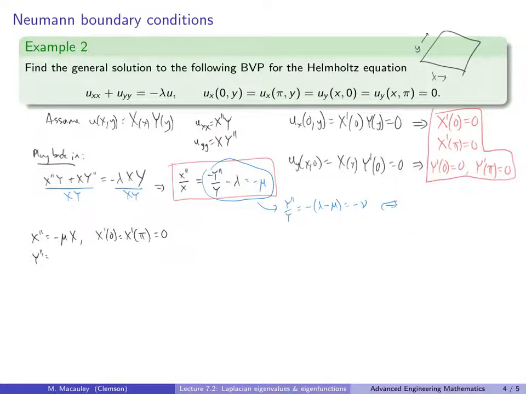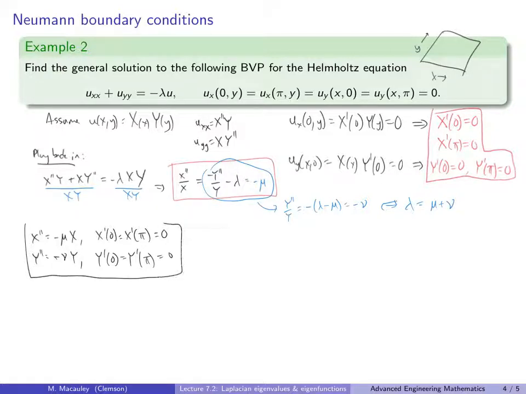So this is the same thing as saying that lambda equals mu plus nu. Okay, so y double prime equals negative nu y, and y prime of 0 equals y prime of pi equals 0.